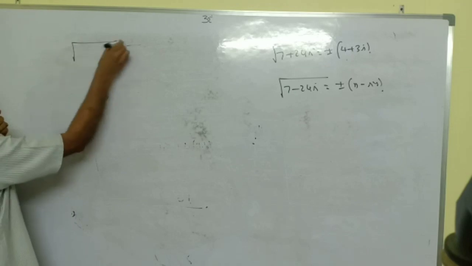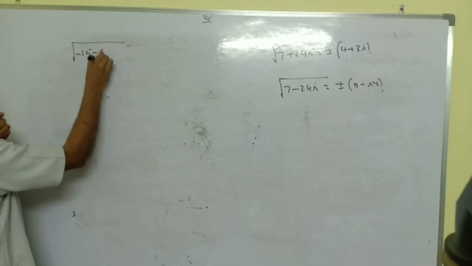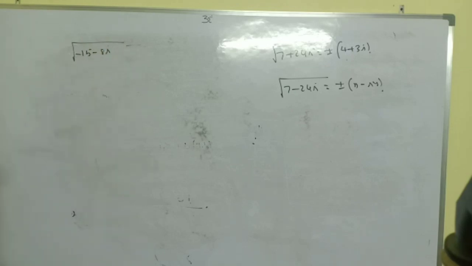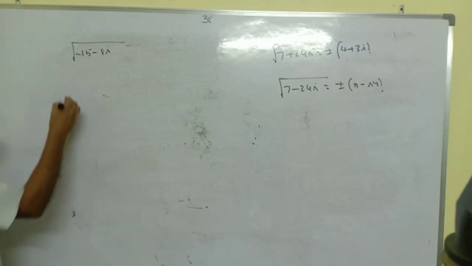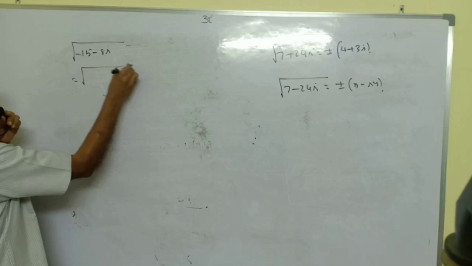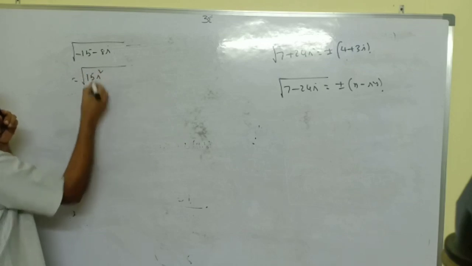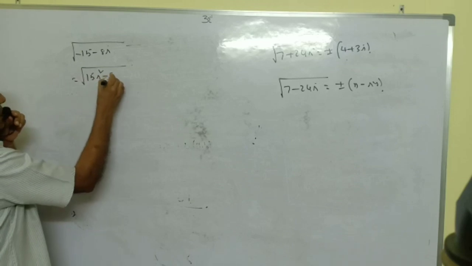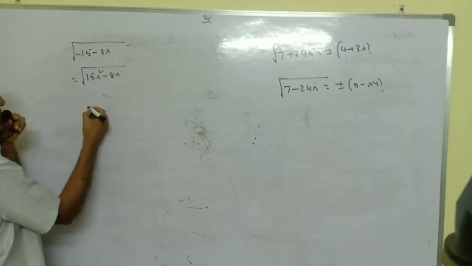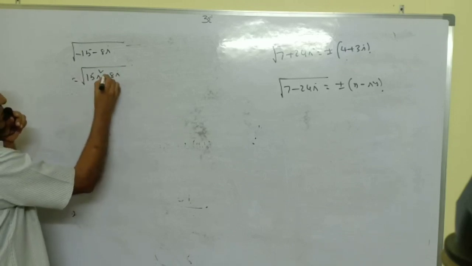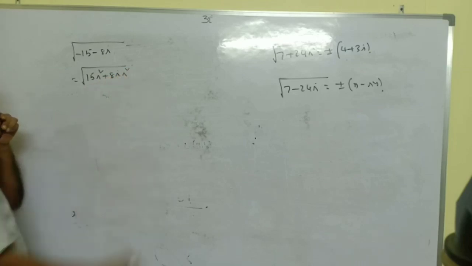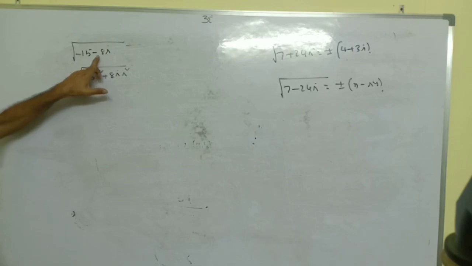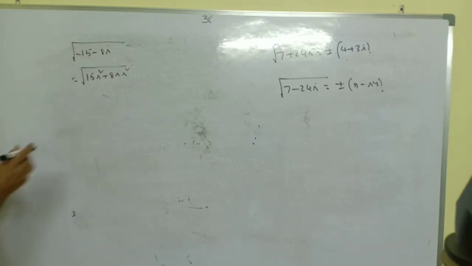Suppose you come across square root of minus 15 minus 8i. Then what I am going to do is, I will put it like this. This is 15 i square, minus 8i like this. I will put plus here and i square. See, my minus sign I am compensating with i square.